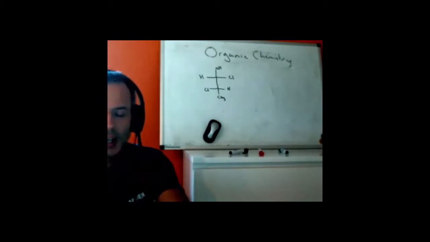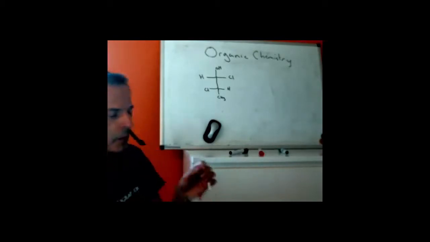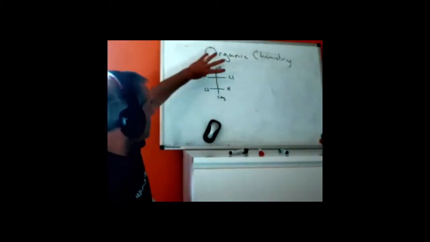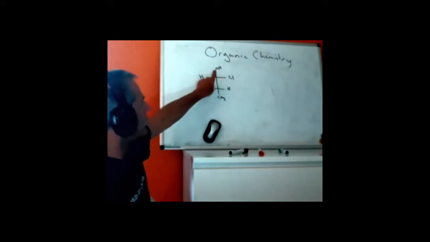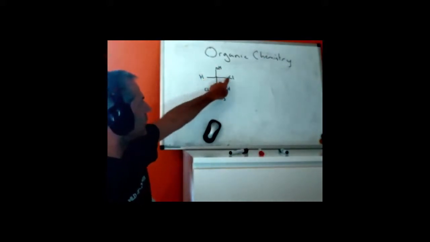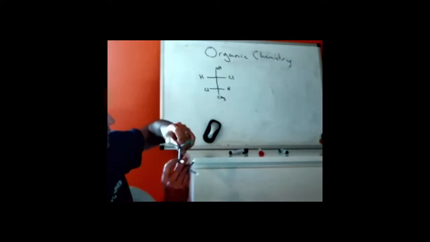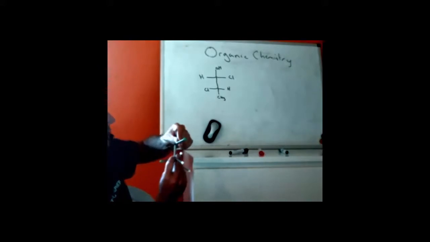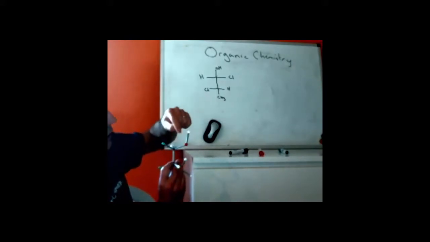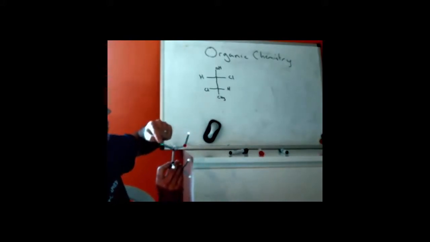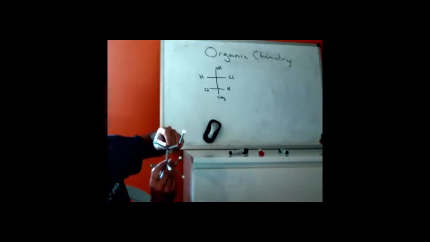So first of all, I'm going to change the drawing by rotating this group to get the hydrogen to the back. So the OH is going to be here and the chlorine is going to be, where are we? We're going to rotate this group so that the hydrogen's at the back. So the OH is going to be on the right, the chlorine is going to be on the left.